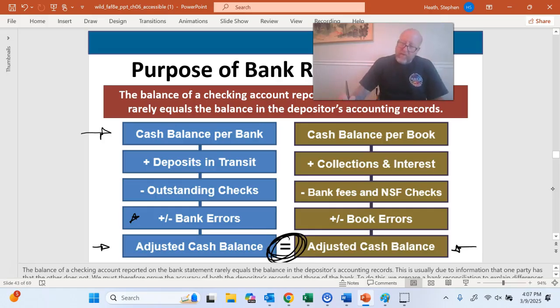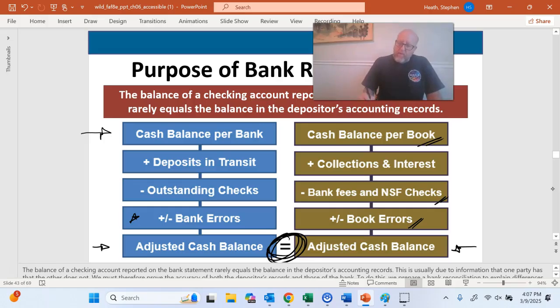And remember, the book reconciliation starts with cash from the T account. Then we're going to add collections that the bank made on our behalf and any interest that we earned. Then we're going to subtract fees that the bank is charging us, and then any checks that we deposited that weren't actually good. And then if we made errors that we recognize when we're looking at the bank statement, that happens occasionally, we would add or subtract those.